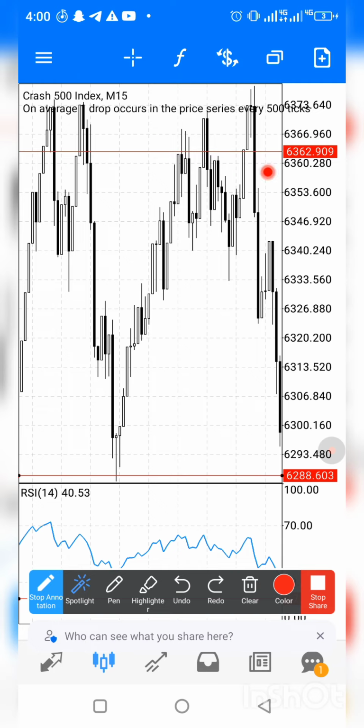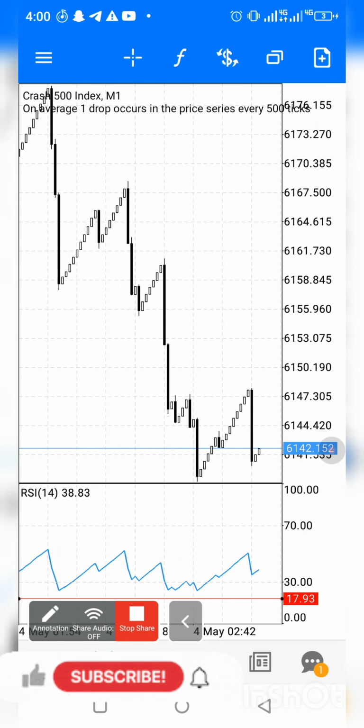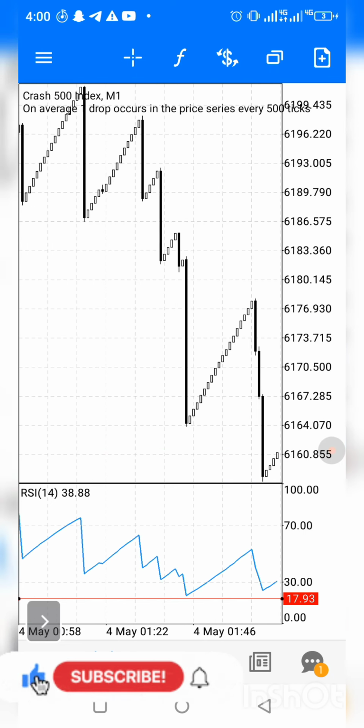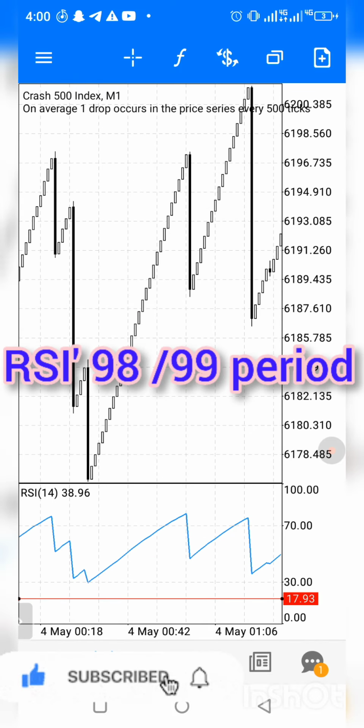Yeah, so it's quite easy for the 1 minute time frame. Yes, I use the 1 minute time frame as well. So for the 1 minute time frame, I'm looking to enter my trades from 98.99, right?